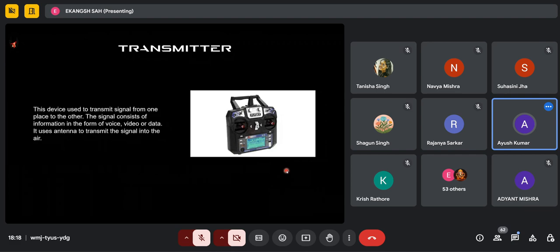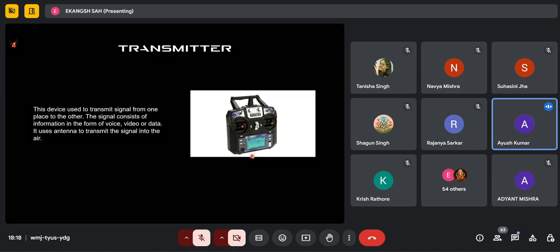Now comes the transmitter. Any movement, like the movement of the joystick or flipping a switch, is recorded as an input by the transmitter and is sent in the form of radio signals to the receiver. This transmitter works on multiple frequencies, which is called frequency hopping spread spectrum.